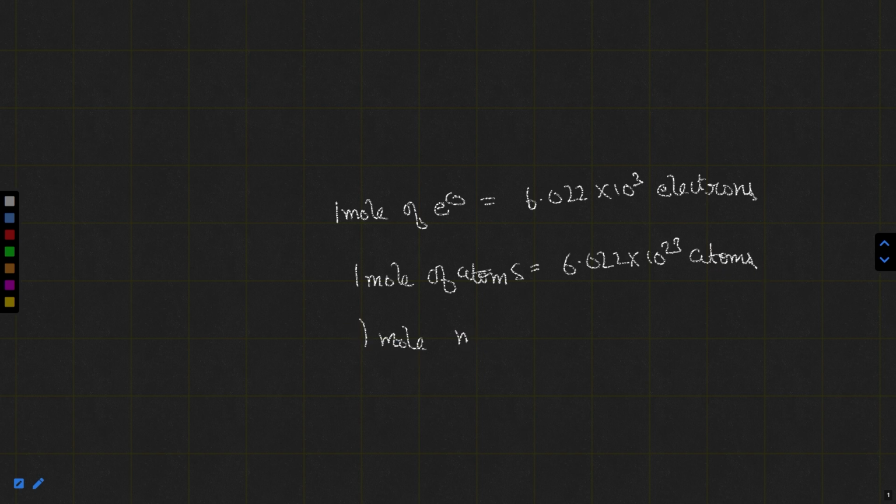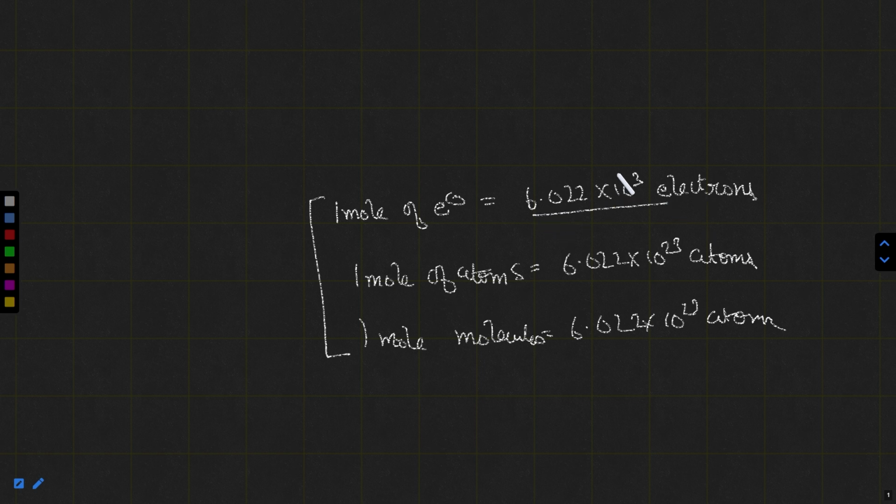And 1 mole of molecules. Did you get my point? What I am trying to say is that by defining 1 mole, we mean that we have 6.022 into 10 to the power 23 of that given entity.